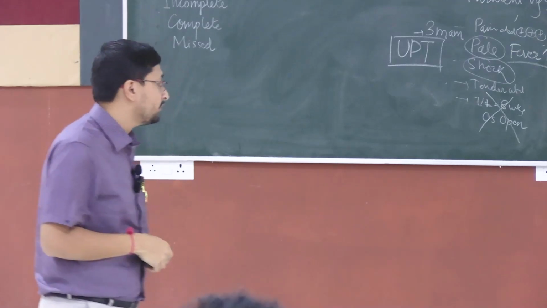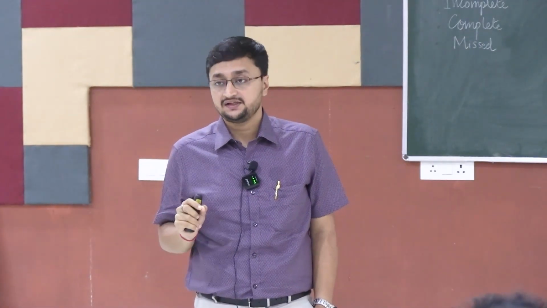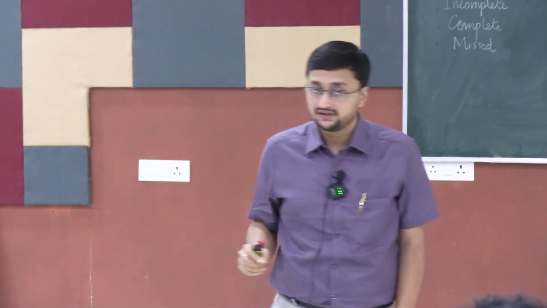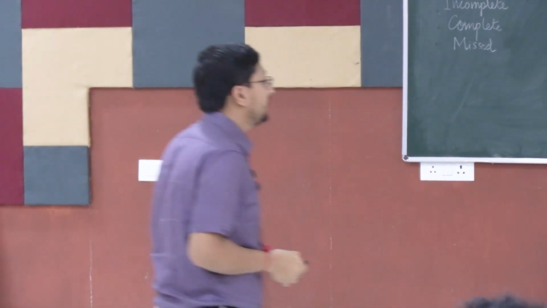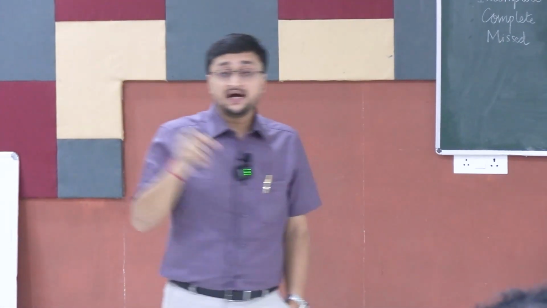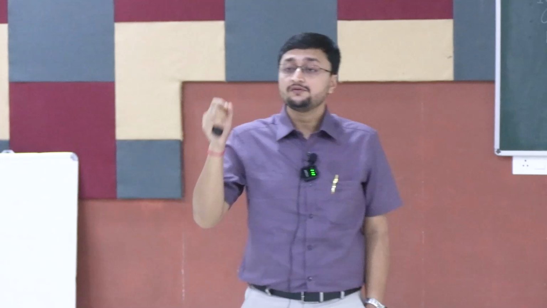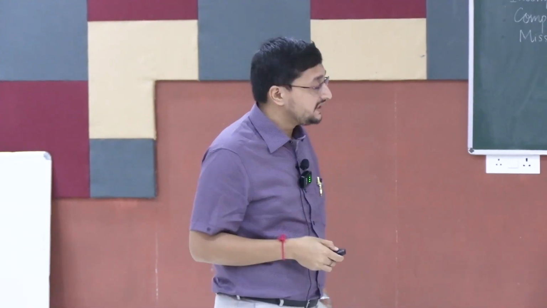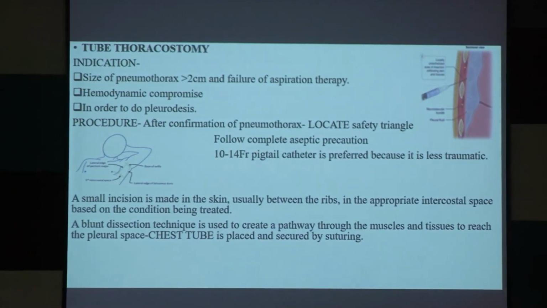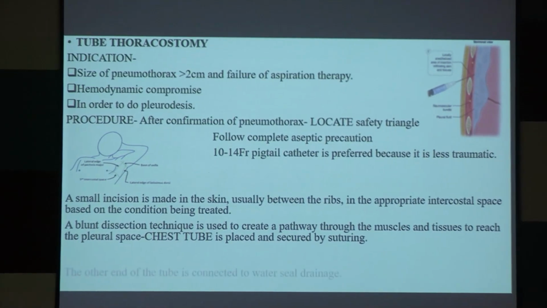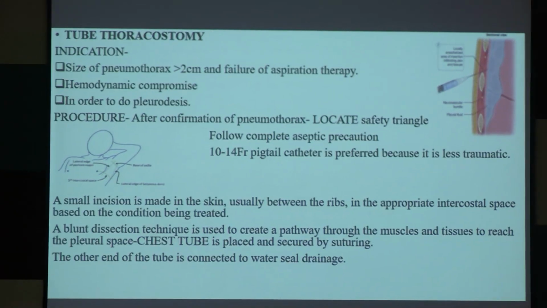In case of primary spontaneous pneumothorax, always choose the smallest size of pigtail catheter, 10 to 14 French, and a small incision is made in the skin, usually between the ribs, and a blunt dissection with a forceps to dissect the muscle and tissue to reach the pleural space. The chest tube is placed and secured with a suture.